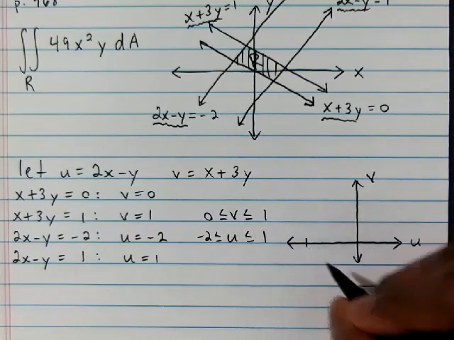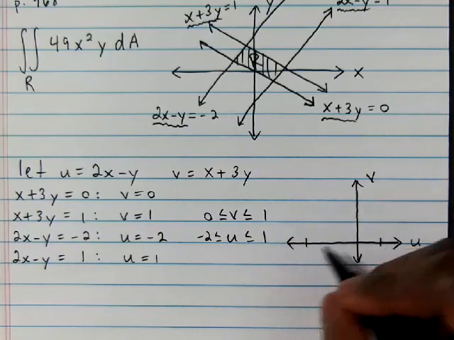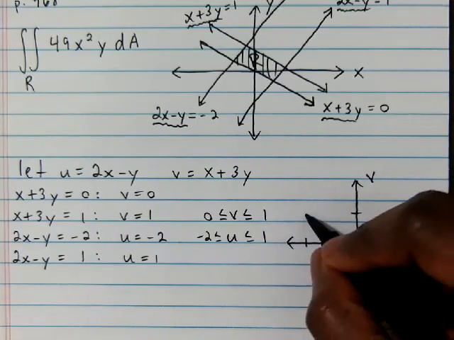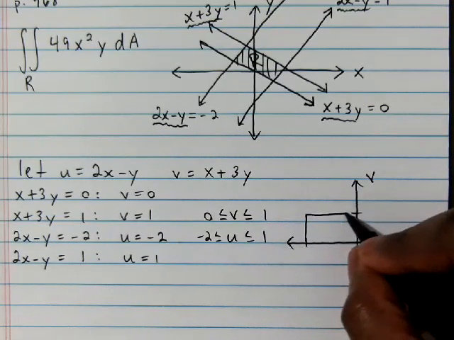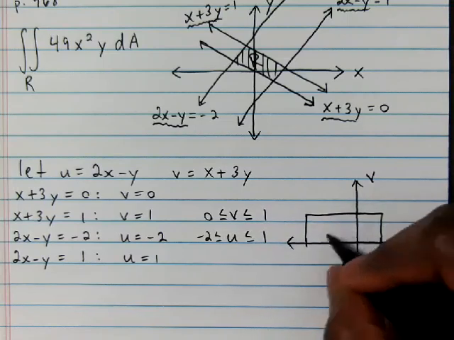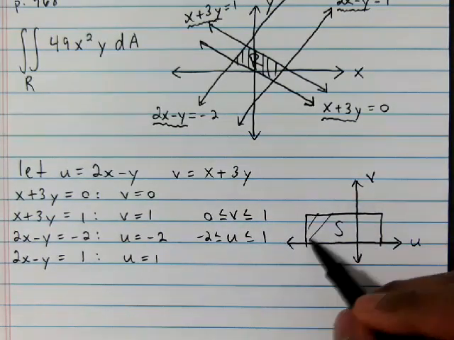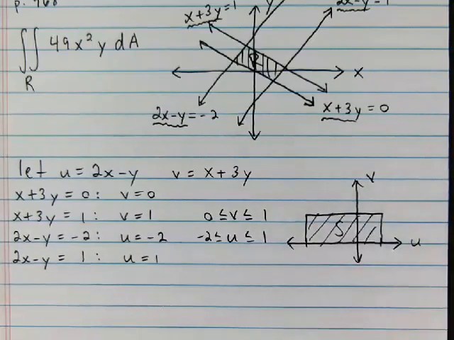So u is between negative 2 and 1, and v is between 0 and 1. So that's our region S, a region over which it is fairly easy to integrate.